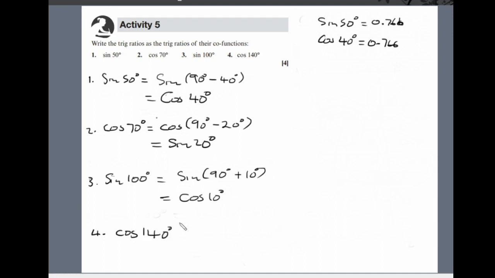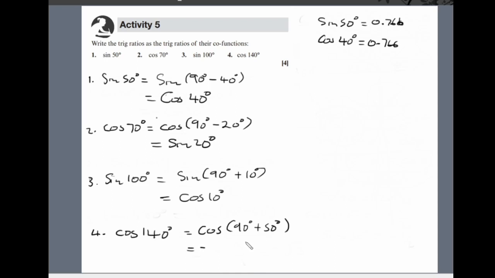Then we have cos 140. If you say 140 minus 90, you find that it's 50. So cos 140 is the same as saying cos of 90 plus 50, because 90 plus 50 is 140. 90 plus 50 is in the second quadrant, and in the second quadrant cos is negative.